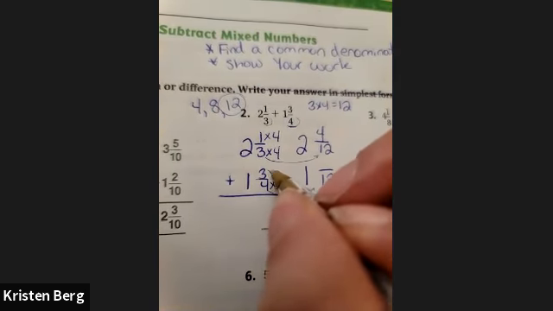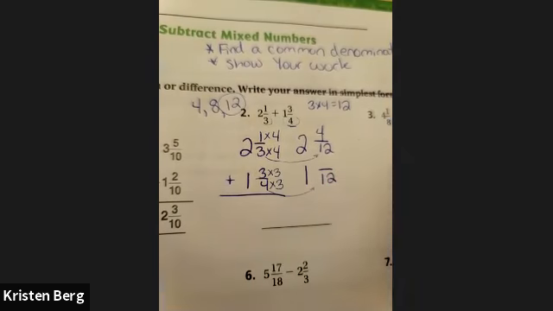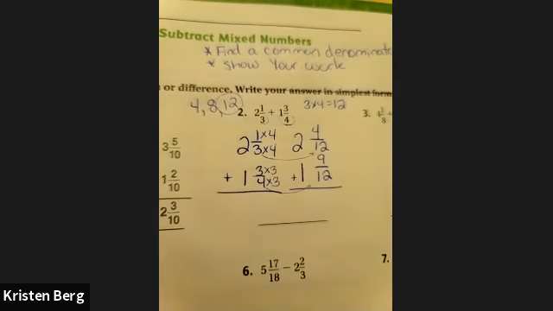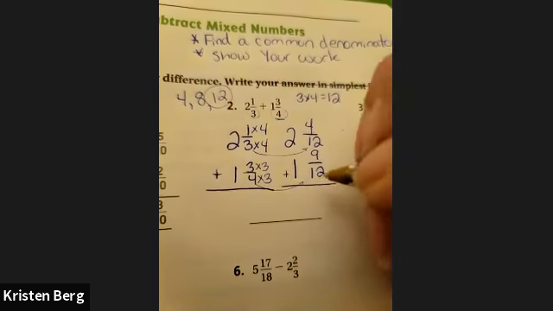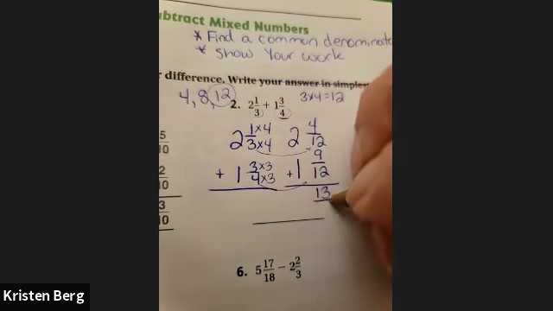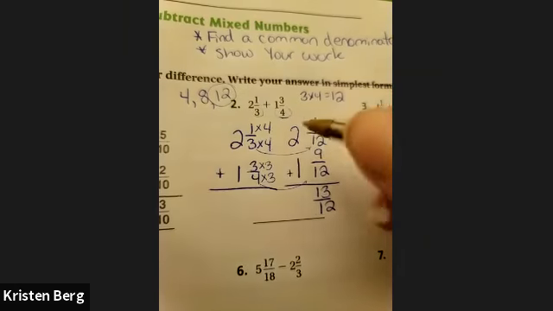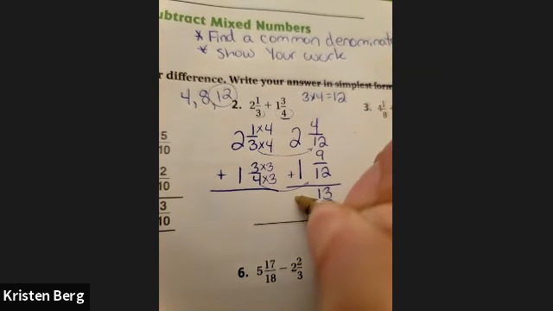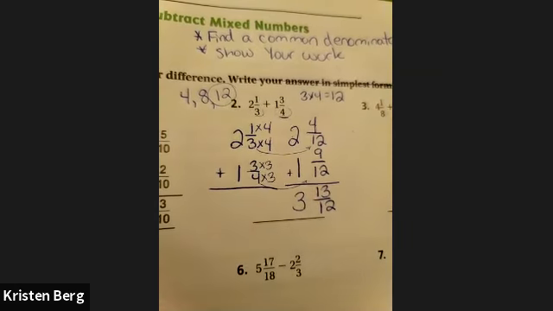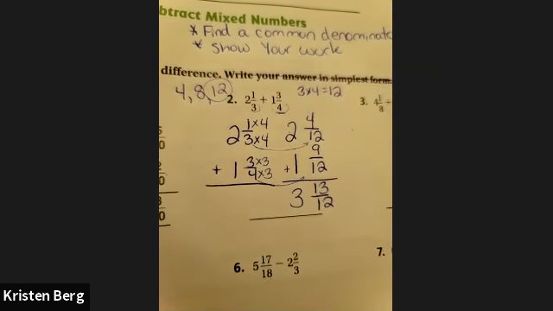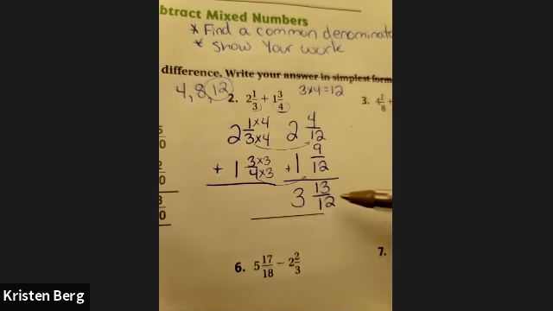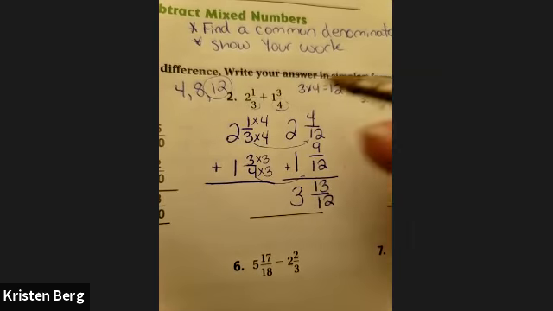Times it by 3, and this by 3. 3 times 3 is 9. So therefore, when you add, it would be 13 twelfths, and then 2 plus 1 is 3. Now, can you have that as an answer? You should be saying no, because you should be seeing that big improper fraction.